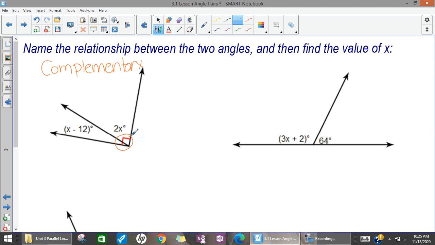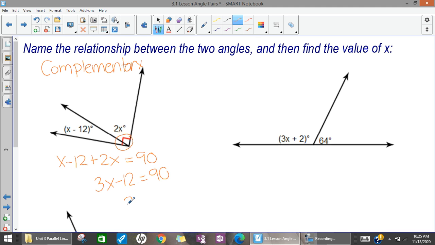So that means they should add to 180. So just like I added the two angles last time, I'll add these ones. So I'm going to say x minus 12 plus 2x should equal 90. I think I said 180. I'm sorry. They should add to 90. I can combine the x and 2x and get 3x, and then I can solve this equation.